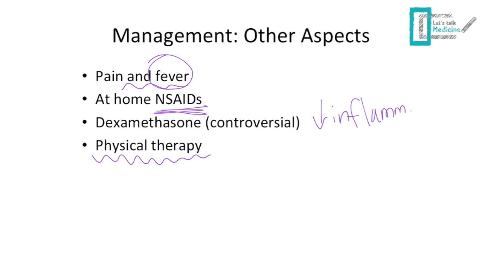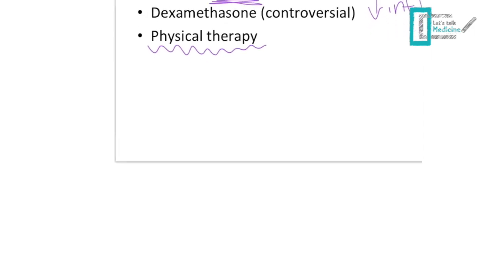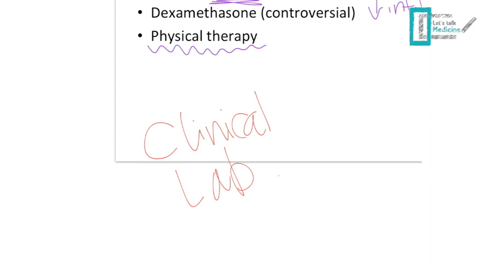Another thing you should put in mind, when do we say there is a response to the therapy? So you do the clinical and laboratory response. So you check for any improvement in those 2 aspects.